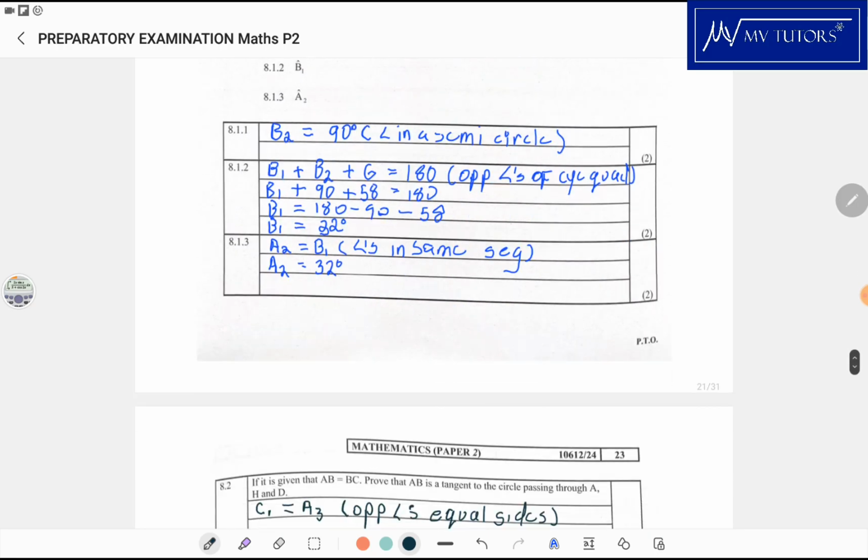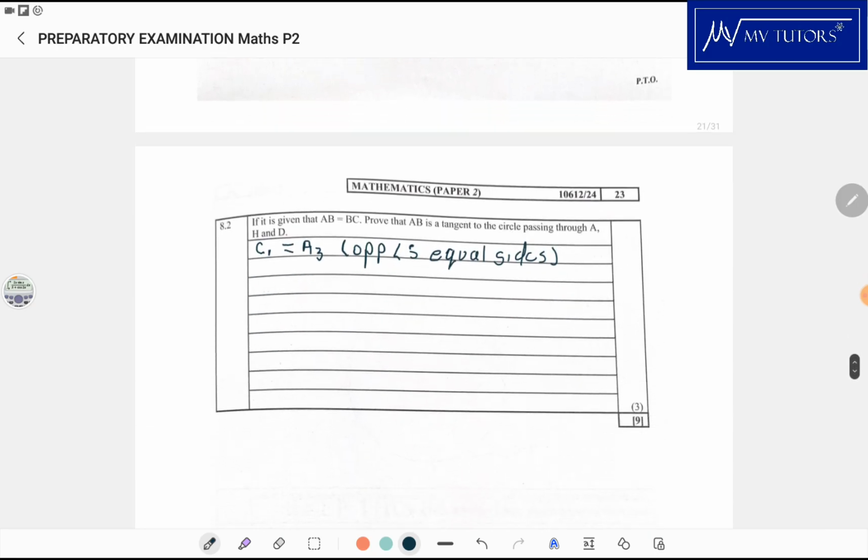And what was the reason there? Angles in the same seg. But also C1 is equal to angle D. And the reason there was angles in the same seg. We're just going to write same seg, but you can write it in full, angles in the same seg.